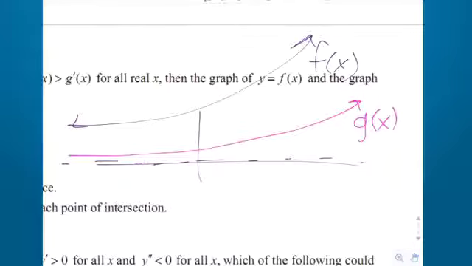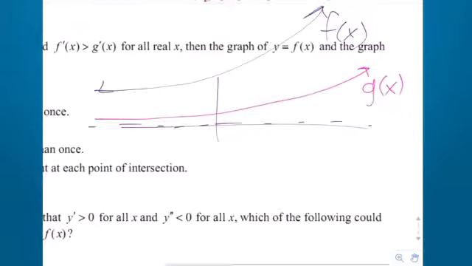Will they intersect if you go out forever? Oh, wait. Yeah, because f of x is steeper than g, it'll eventually cross g.